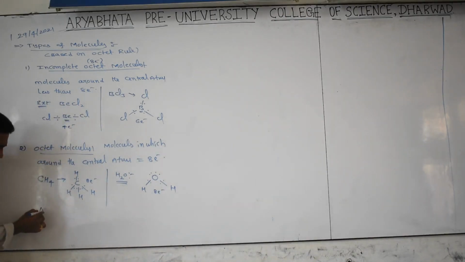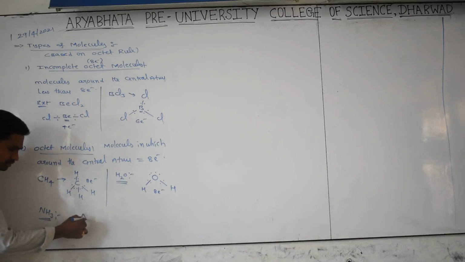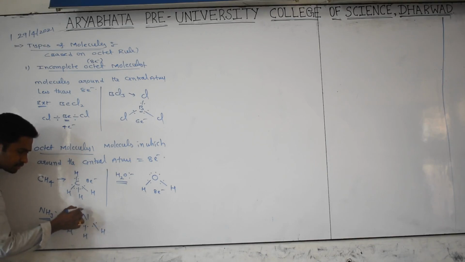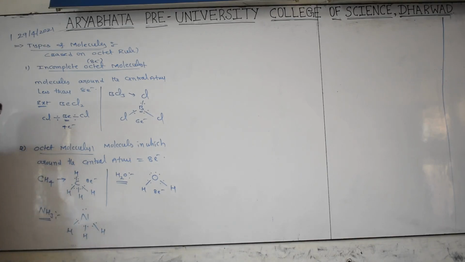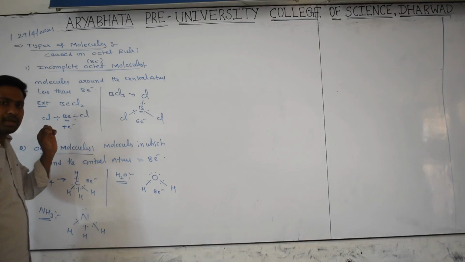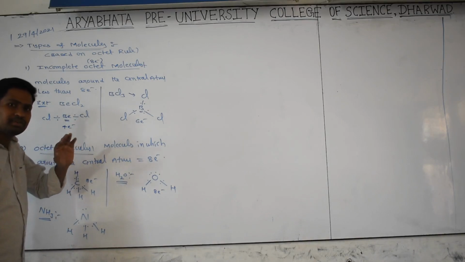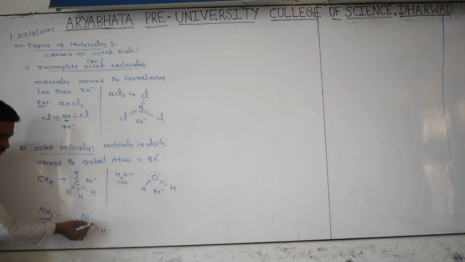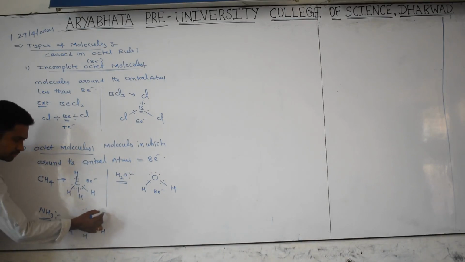One more molecule is NH3. Nitrogen is the central atom, and around it we have 3 hydrogens with single bonds. In every bond we have one pair, and nitrogen has 1 lone pair. Already I told you, a lone pair means a pair of electrons from the valence shell which is not involved in chemical bonding. Now 3 twos are 6 plus 2, 8 electrons.